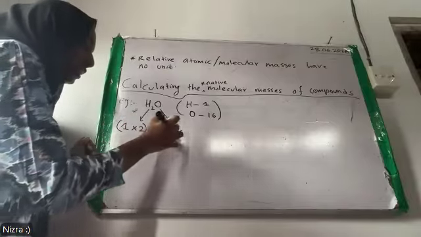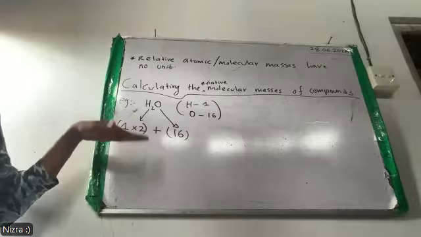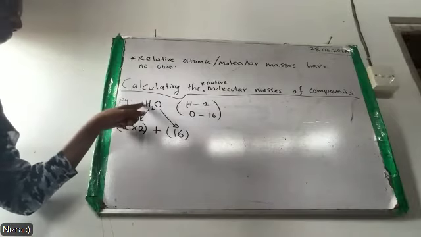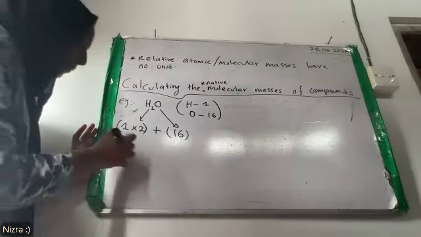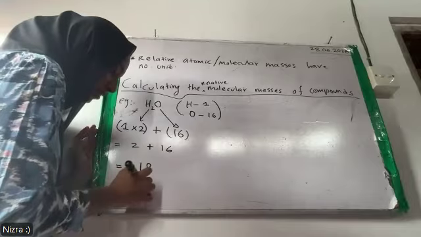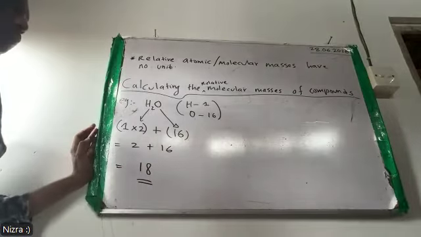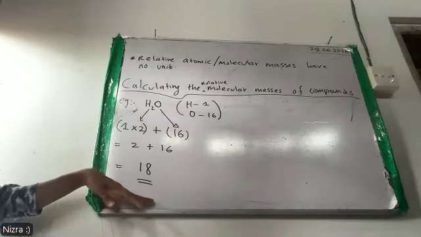So what you do is you take the sum of relative atomic masses. Okay. In the molecule, you take the sum of the relative atomic masses of each element. So you add up. Okay, then 2 plus 16, it is 18. Okay, therefore relative molecular mass of water is how much? 18.